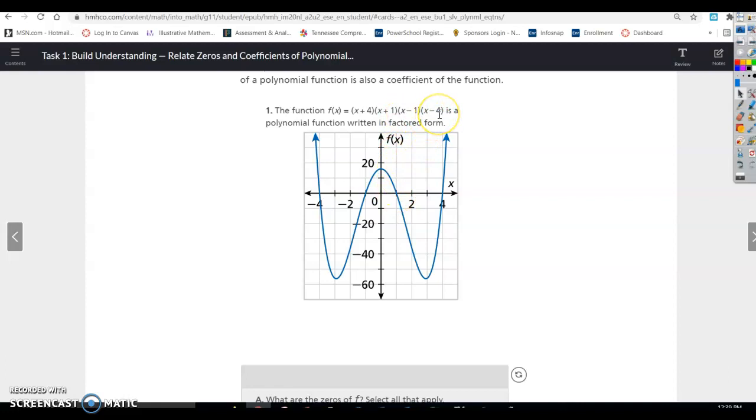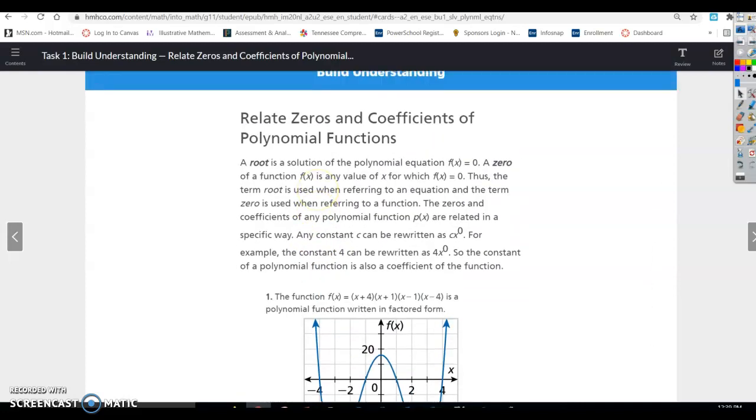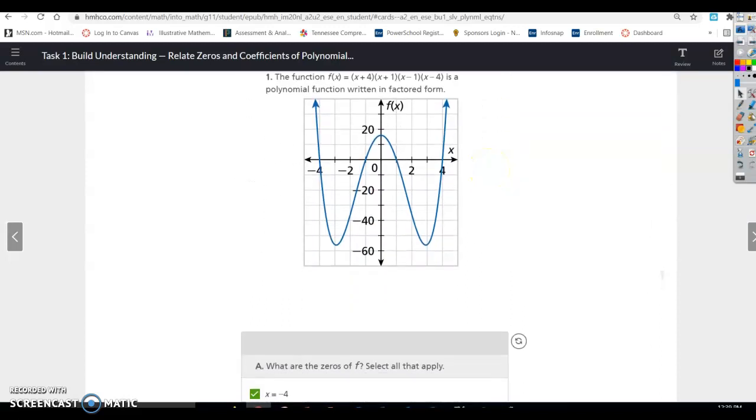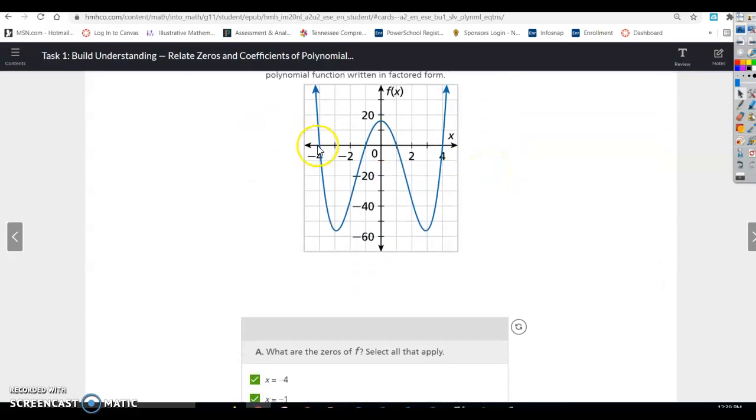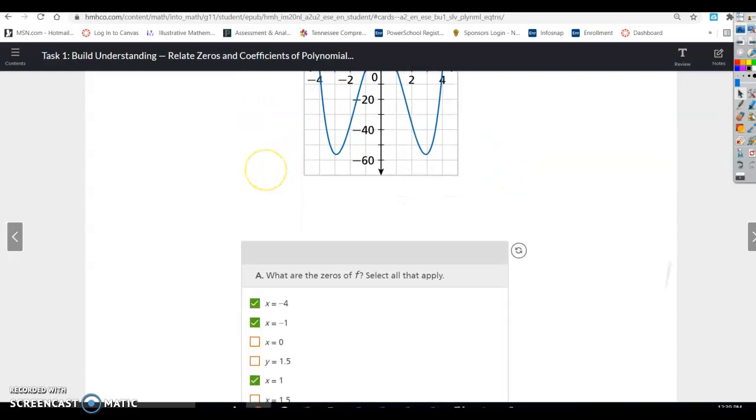And x minus 4 equals 0, add 4 to both sides, x equals 4. So those factors, when set equal to 0, just like what it says above, that's going to give you the roots or the zeros of the equation.